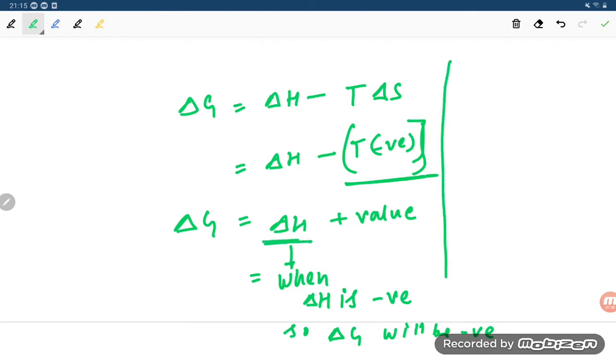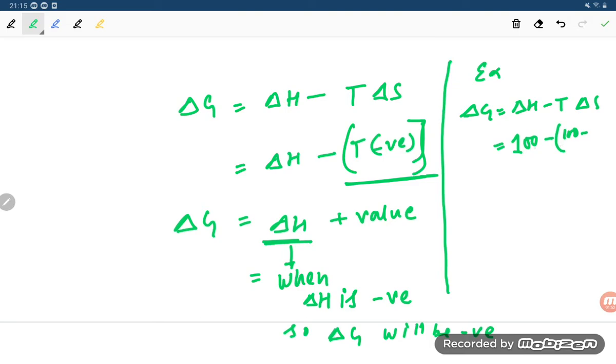Now let us try to understand with an example. Suppose delta G is equal to delta H minus T delta S. Suppose delta H value we keep is 100, and the temperature is 100 degrees. Entropy is negative, how much is coming in negative?